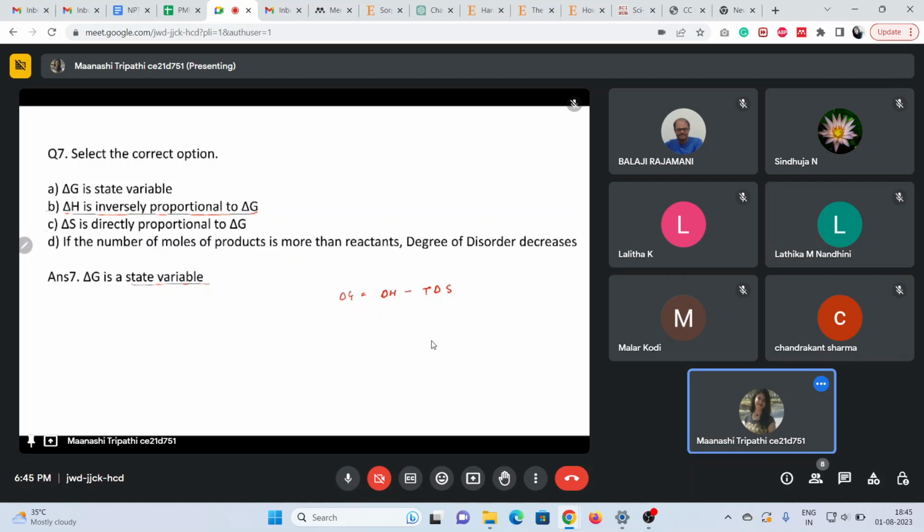Moving towards the next question. Analysis of the water gave concentrations of sodium, calcium, chloride and bicarbonate as these milligrams per liter. We want to calculate the ionic strength of the water sample.